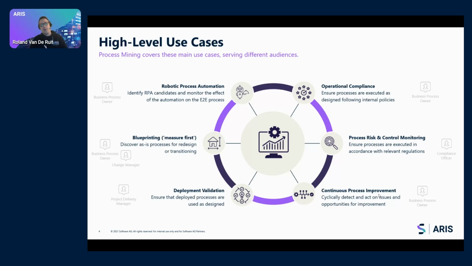Another one, then I'm looking at the bottom, obviously, is around continuous process improvement. You use process mining to set some important metrics, and again, you can call them KPIs, or you can call them process performance indicators, PPIs. Things again like lead times, or take a more lean perspective around waste, percentage of first time right, perfect order. And you can use process mining to monitor and measure these metrics.